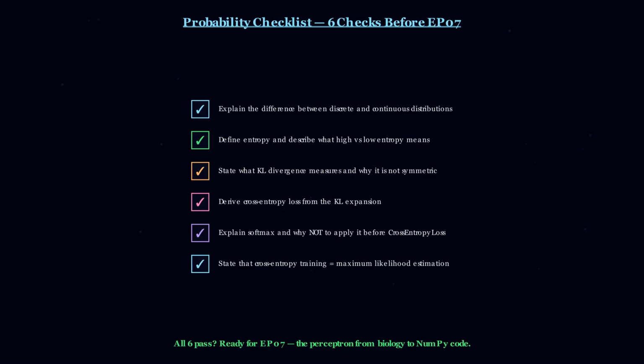You can derive the cross-entropy loss formula from the KL divergence expansion.